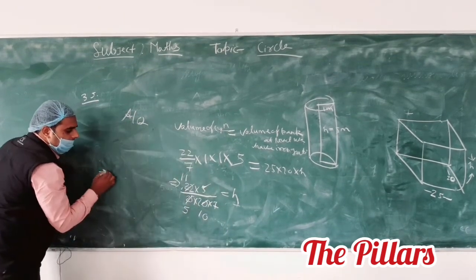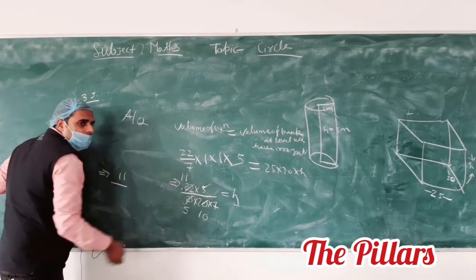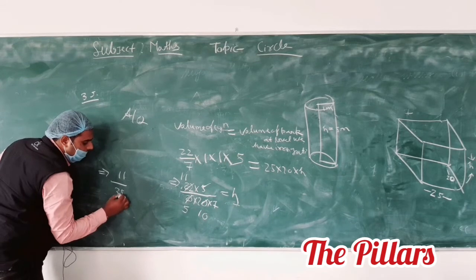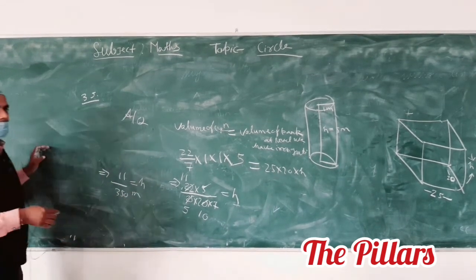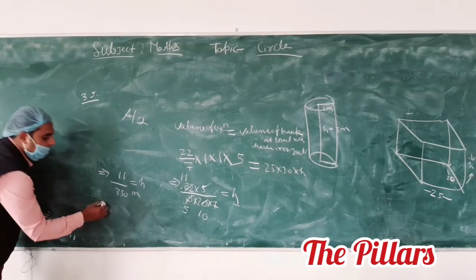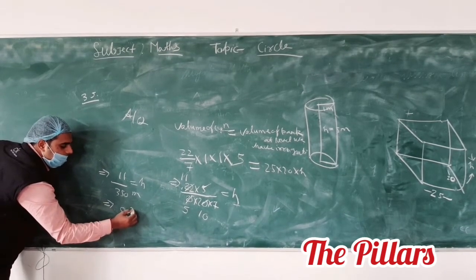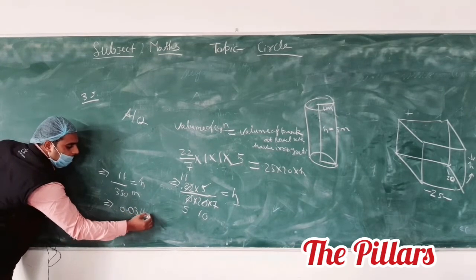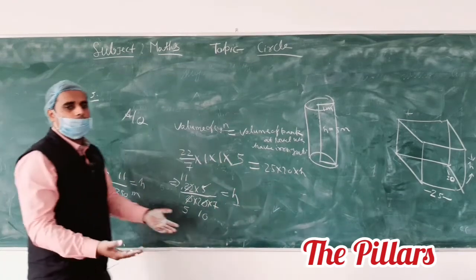This implies 11 upon 350 meter, which is 0.0314 meter. This is the height. At this height the water will irrigate.